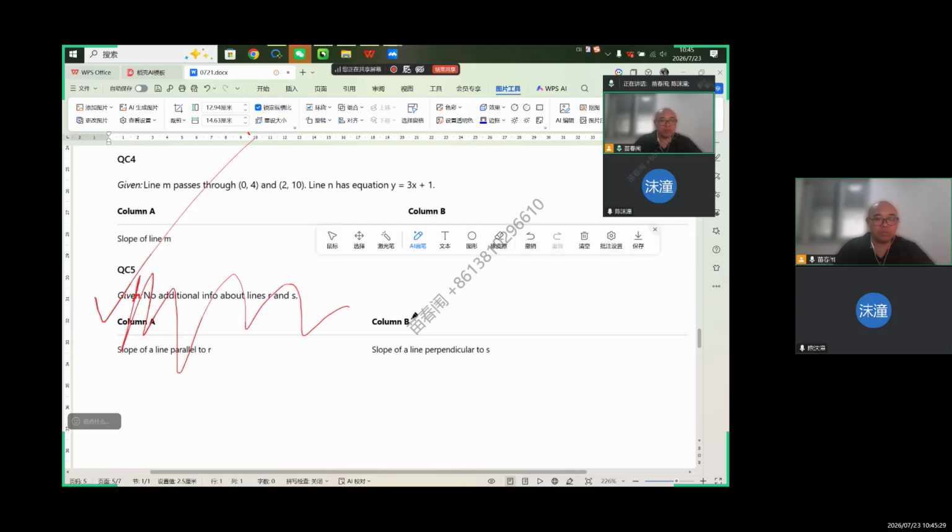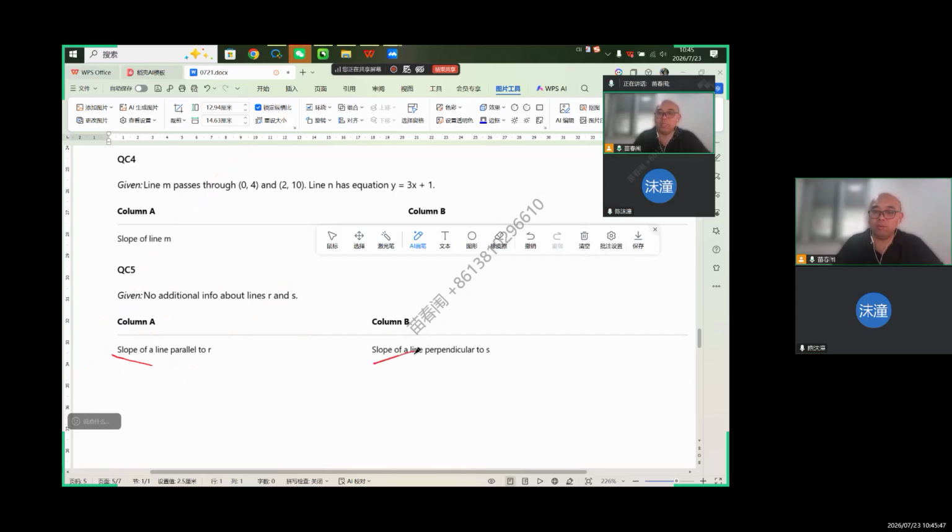This question should choose D because you don't really know the slope. They didn't tell you anything. No additional information means you don't really know what the straight line is, so there's no way you can know the slope. It could be anything, and this one could be anything.